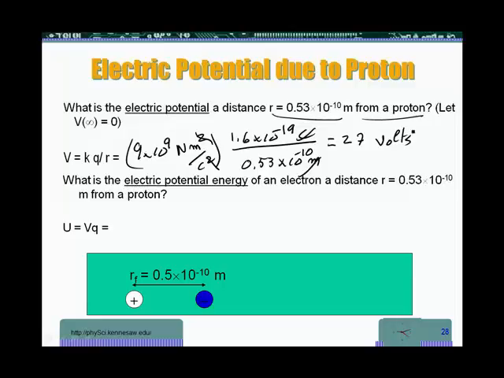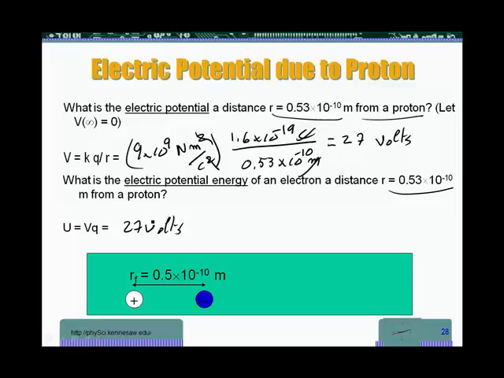Now, what is the electrical potential energy of an electron at this distance from a proton? This is essentially the electrical potential energy within a hydrogen atom. All we have to do is multiply that voltage by the charge of the electron.